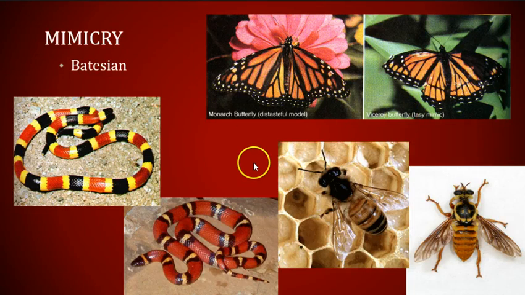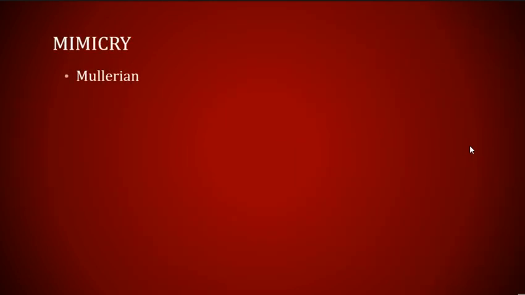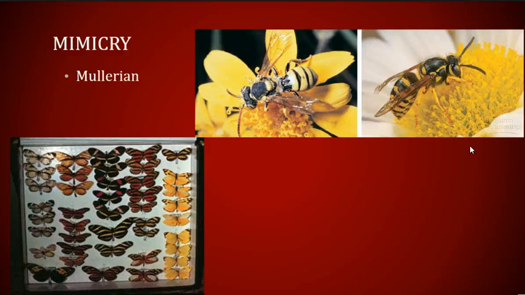Now, the catch is that there might be a large learning curve. You could eat a milk snake several times before running into a coral snake, right? You could eat a robber fly several times before running into a honeybee. So, there's a little bit of a learning curve. However, what if everybody's poisonous and they all look alike?